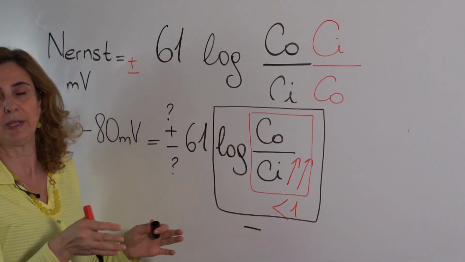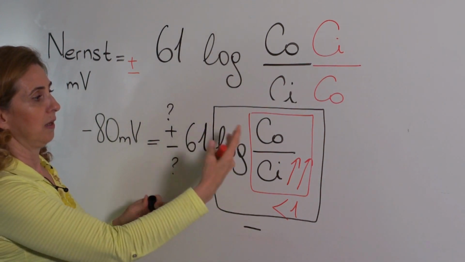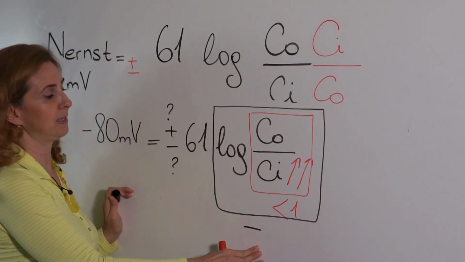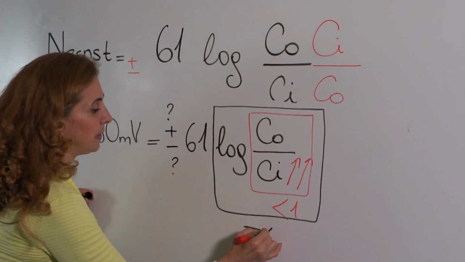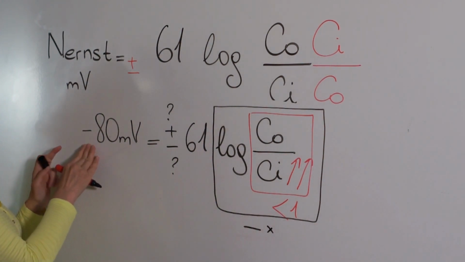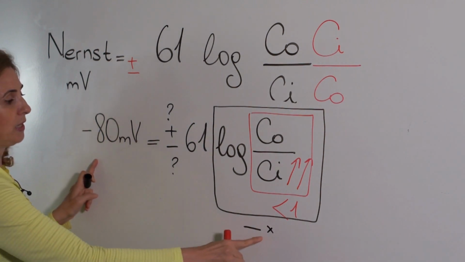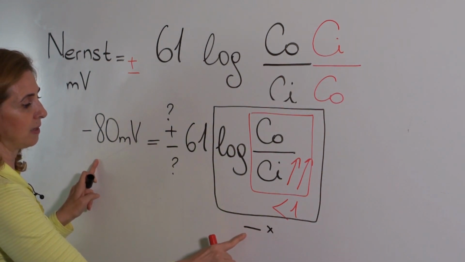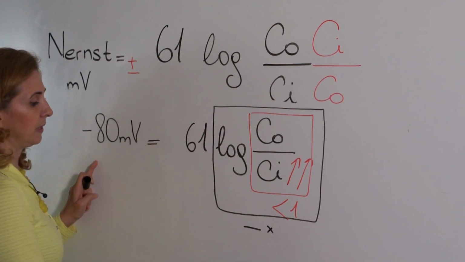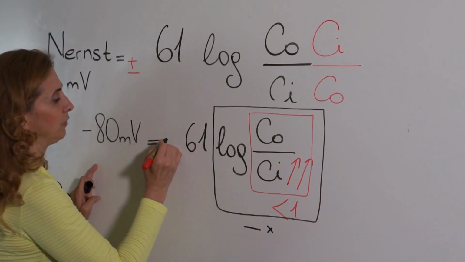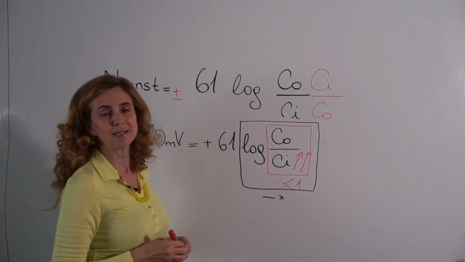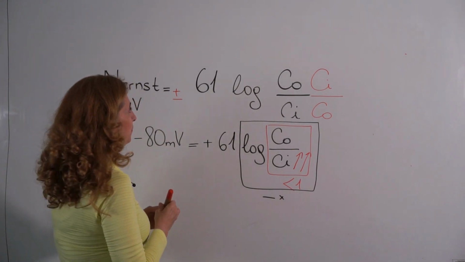This value is going to be the same value from the first example, but this time it will carry a minus sign. So there is going to be a number here which will be multiplied by 61 to give minus 80 millivolts. So if this number carries a minus sign, then the sign at the beginning of our formula should be plus if we want to obtain minus 80 millivolts.